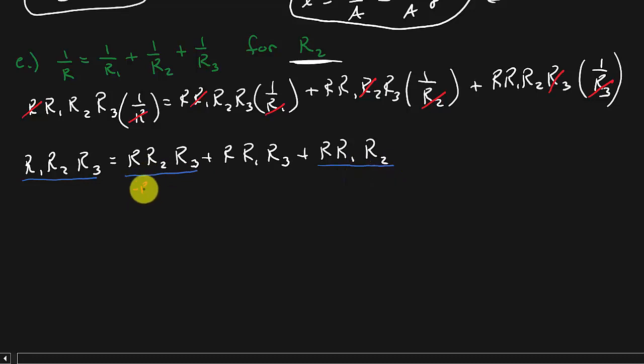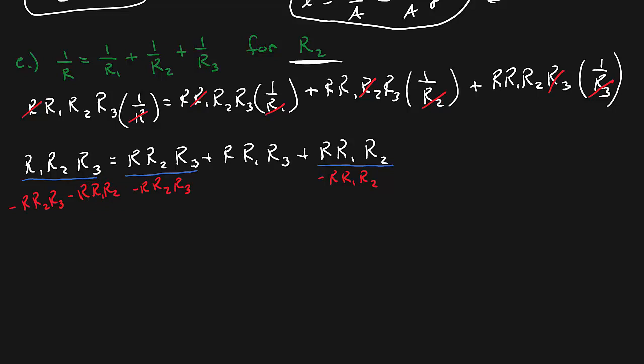So I'm going to subtract R, R2, R3, and I'm going to subtract R, R1, R2. Subtracting those from both sides.